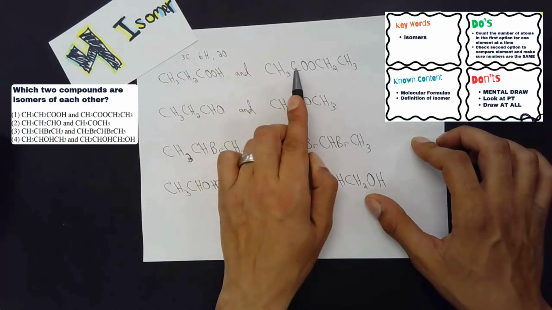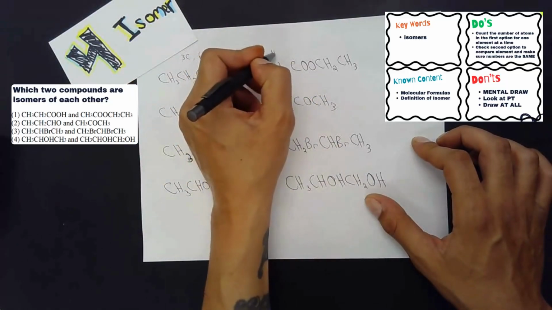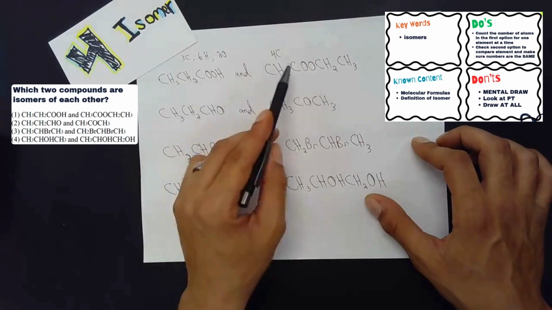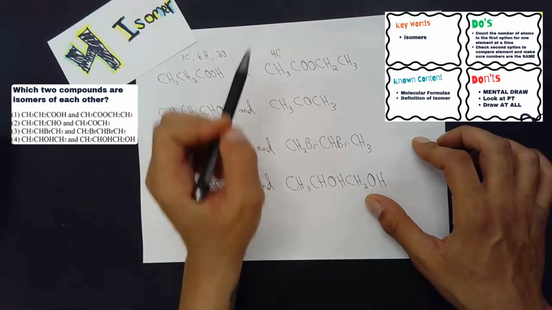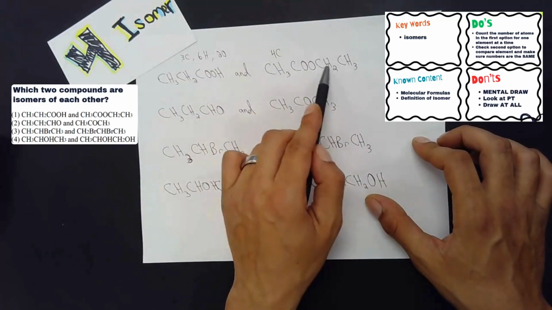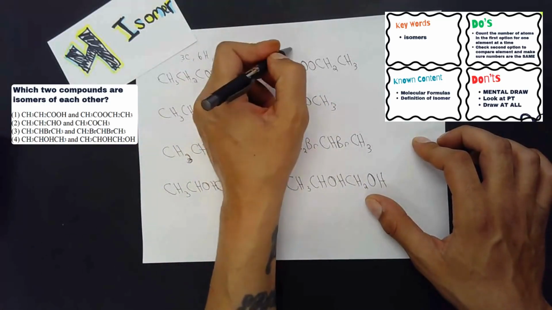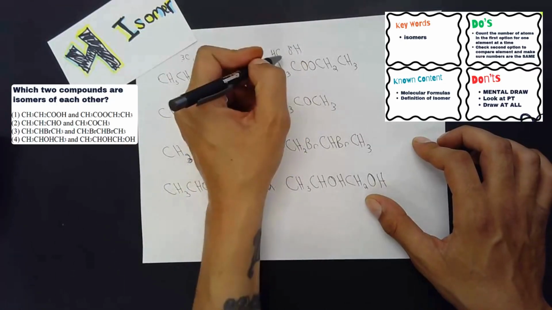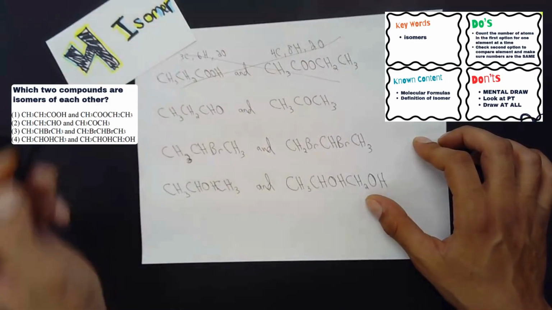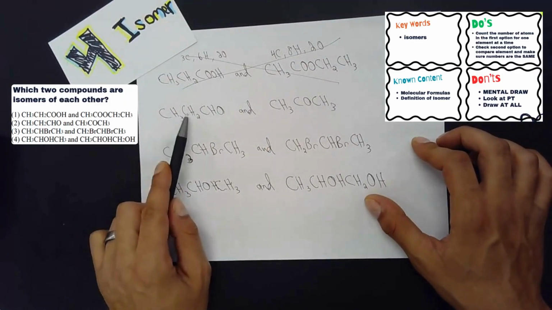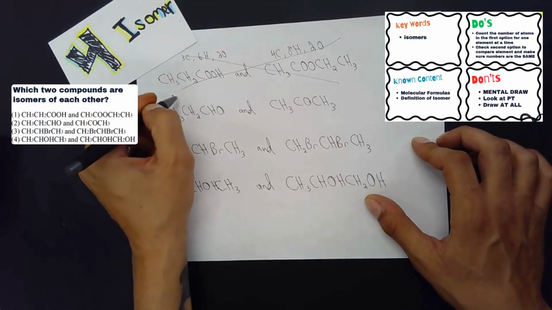In this one, we have 4 carbons. We're going to continue, though, even though we know now carbons don't have the same, so it's not going to be isomers of each other, but 8 hydrogens, and then 2 oxygens. So that's a no-go.